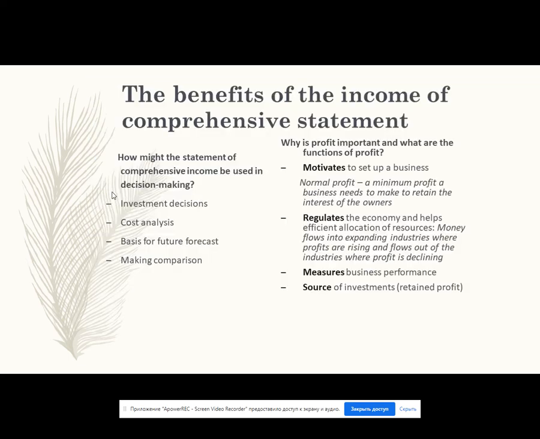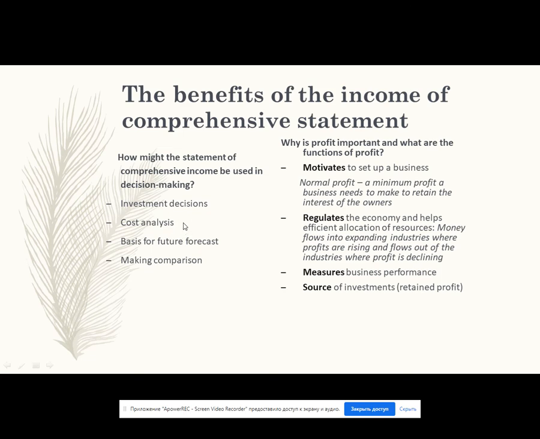Why do we need this statement of comprehensive income or P&L? For investment decisions. It's like I have two companies and I have only enough money to buy shares of one company. I look at their P&Ls and I decide in which company I should invest or shares of which company I should buy. So P&L is often used for investment decisions.